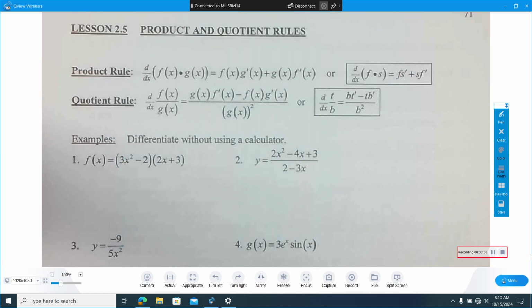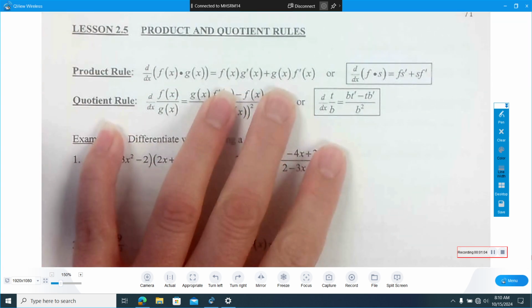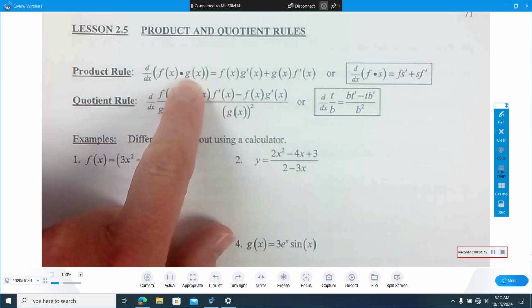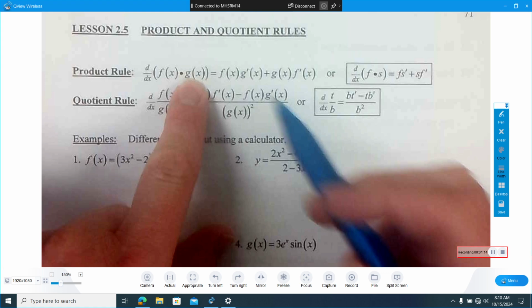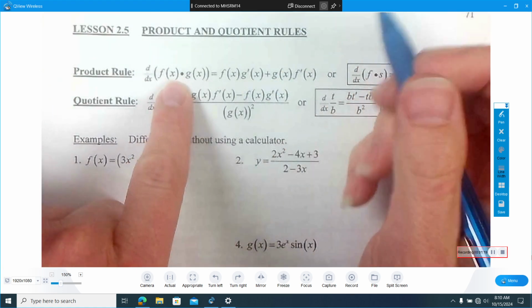All right, so here we have the product and the quotient rules, written out. What we have here is saying we want the derivative of two functions that are being multiplied together. So we have f times g. The way that I think about it is we have two things here.